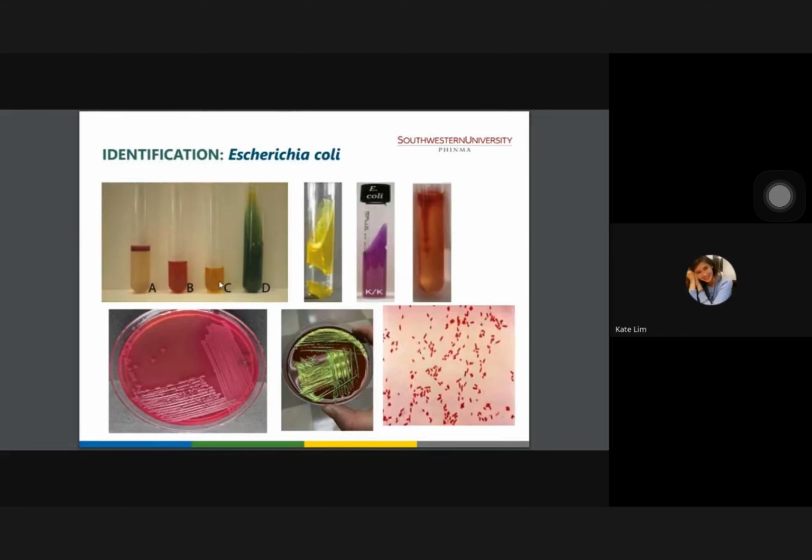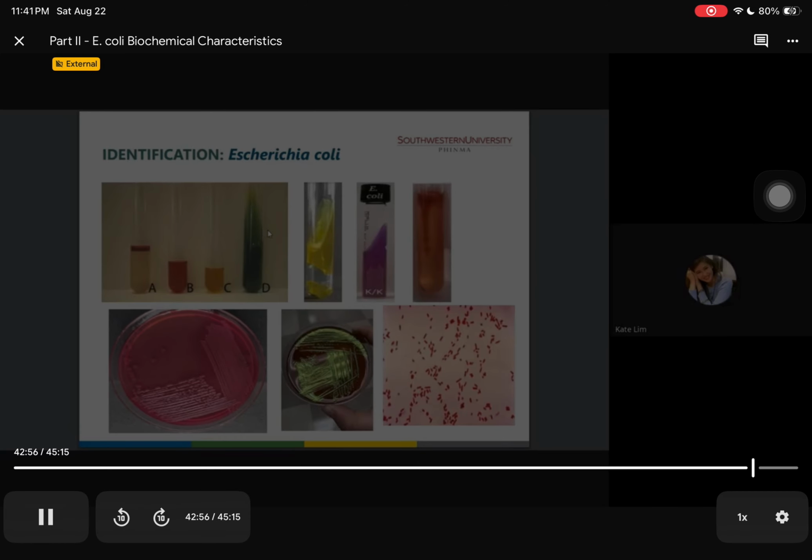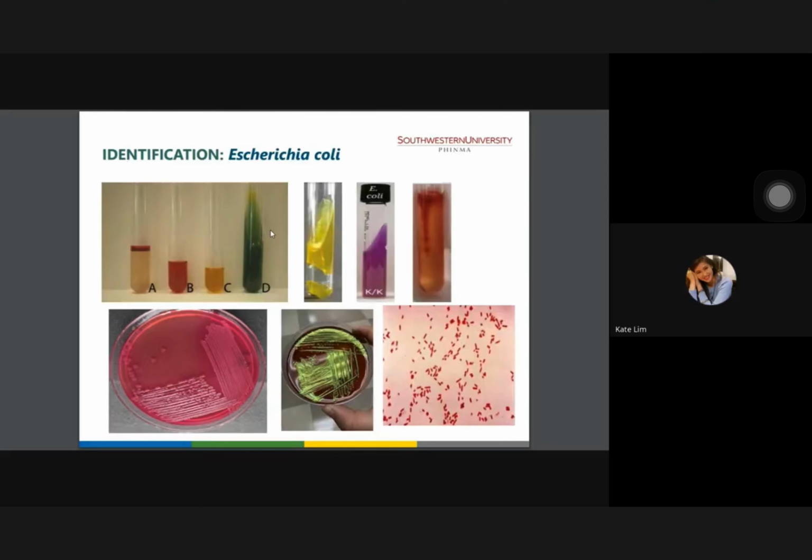For your Voges-Proskauer, positive would be red, so it remains yellow, so it's negative. For letter D, we have here the citrate, so it's green, so it's still negative. So this would tell you that the IMViC is positive, positive, negative, negative. So that is a clue already. That's what your bacteria is.